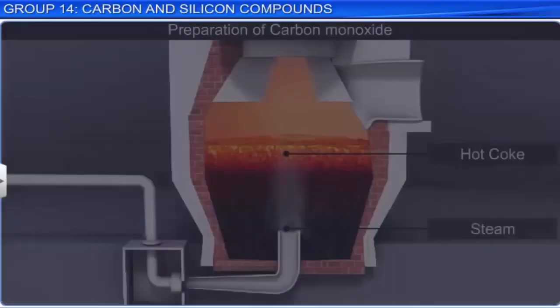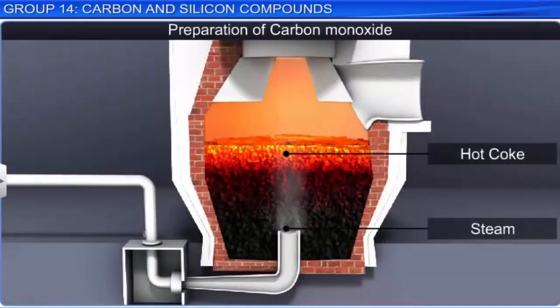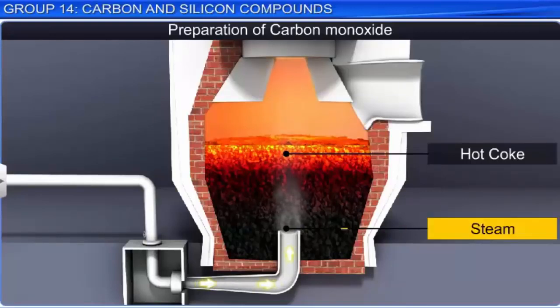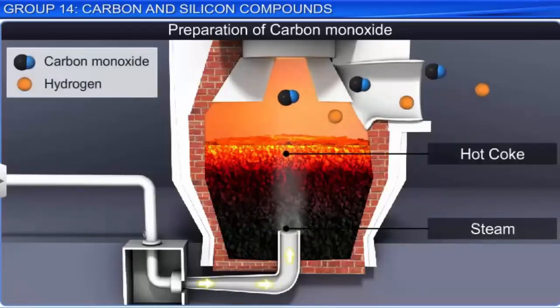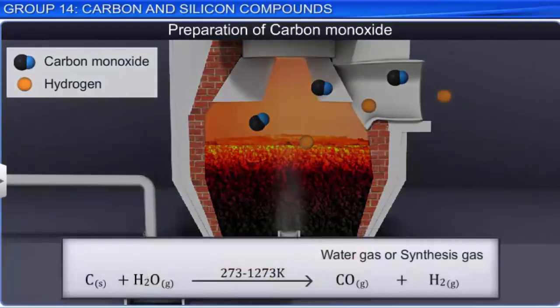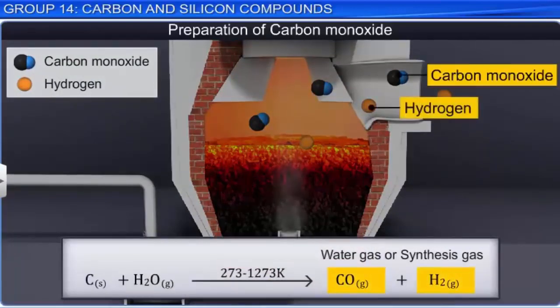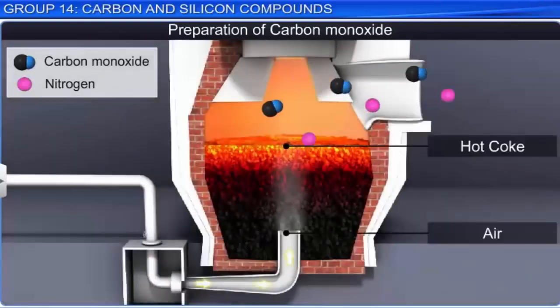On a commercial scale, carbon monoxide is prepared by passing steam over hot coke. This reaction produces carbon monoxide and hydrogen. This mixture of carbon monoxide and hydrogen is called water gas or synthesis gas. If air is passed over hot coke, nitrogen is produced along with carbon monoxide.